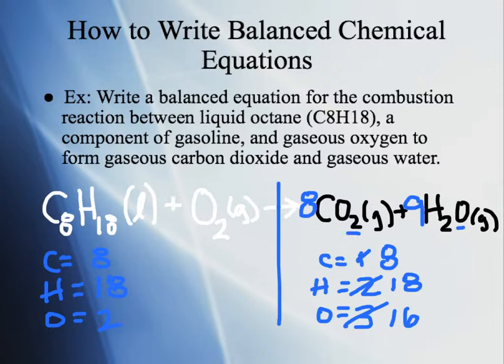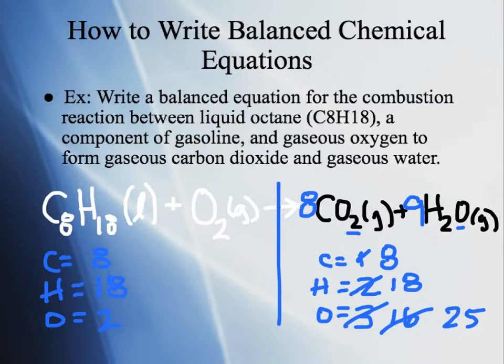But it also messes with our number of oxygens. Now we've got 16 oxygens in the 8 molecules of carbon dioxide plus 9 more from the 9 in front of H2O. So 16 plus 9 is 25. Now we've got 2 on the left and 25 on the right.